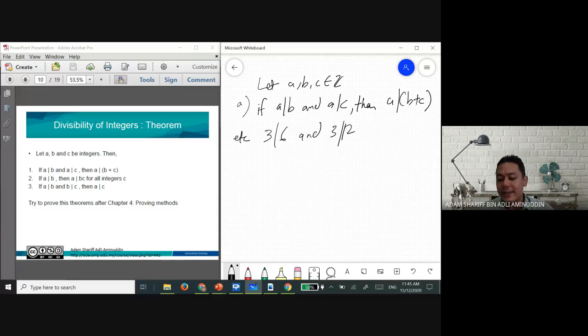This theorem states that 3 must be a factor of 6 plus 12, and definitely 3 is a factor of 18. I can prove this, but I don't want to right now. We don't have the time.